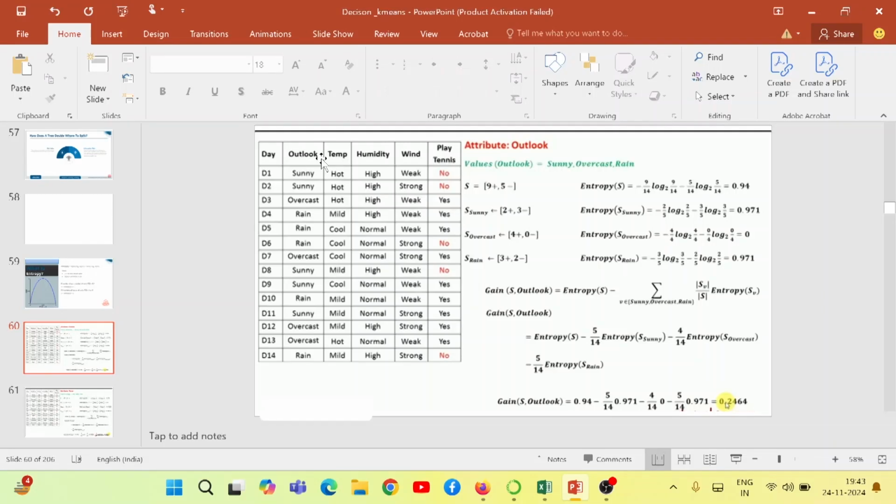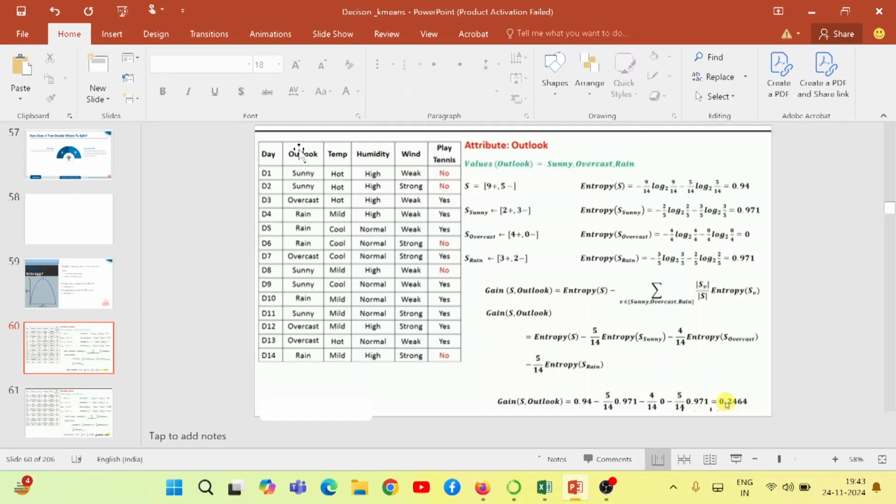The feature which has a high information gain will become the root, and subsequently the features with the next higher values of information gain will become the next subsequent nodes, right? With this idea I have calculated the information gain.